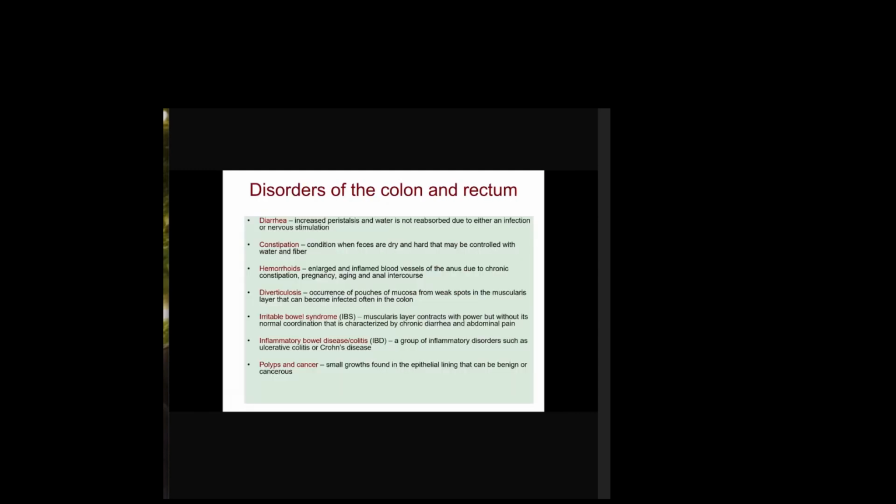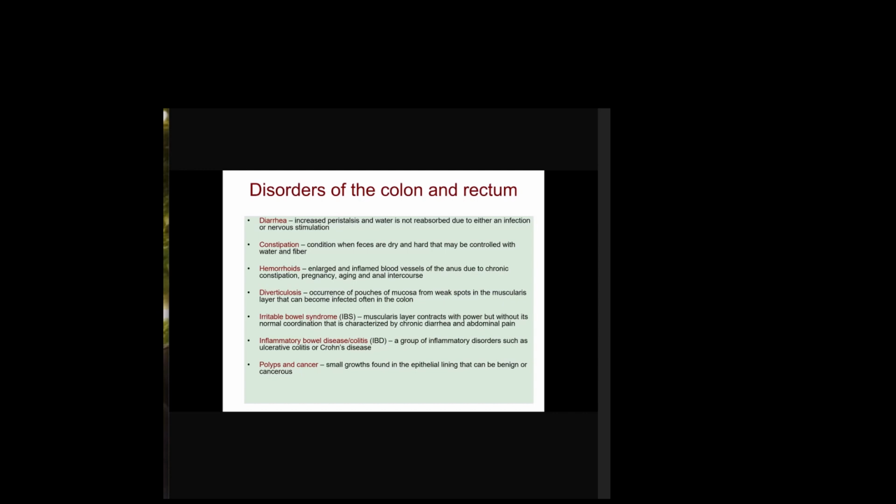Some disorders of the colon and the rectum would be diarrhea, where you have loose stool, increased peristalsis, and water is not absorbed properly. And then you would have a situation where your poop is liquidy, and sometimes infections can cause this. Constipation is almost like the reverse, where your feces is dry and hard, it's difficult to defecate, and maybe because of a lesser amount of fiber in your diet and or lack of drinking enough water can also cause this.